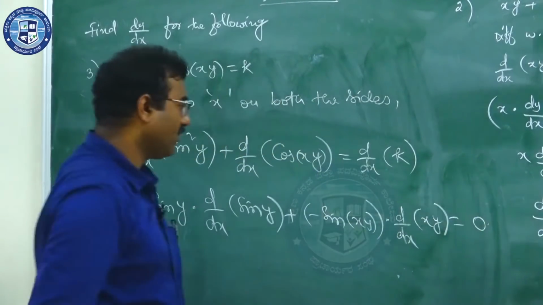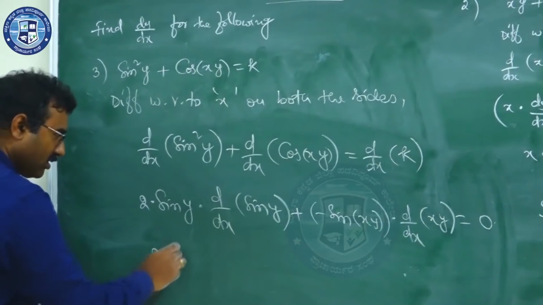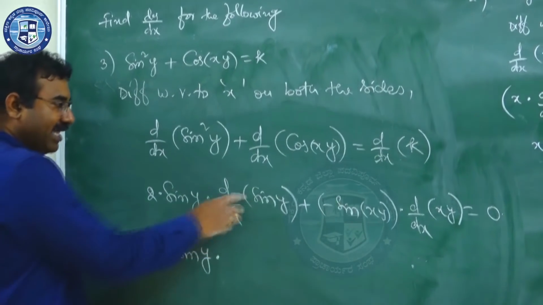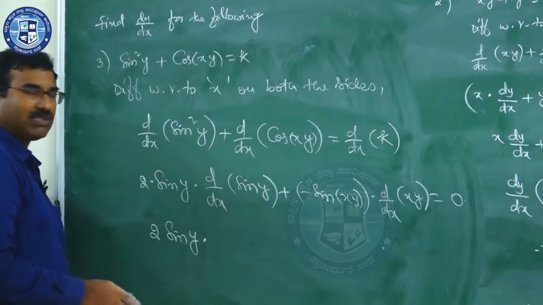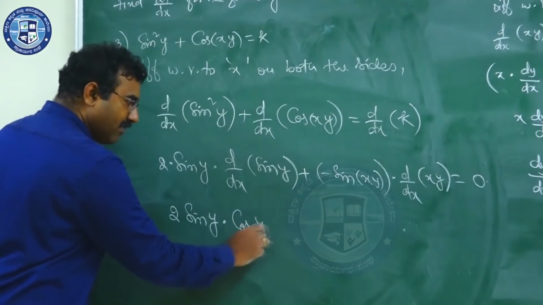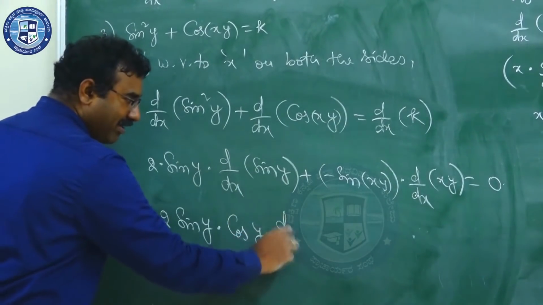It is 0. Now 2 sin y into, again d by dx of sin y. d by dx of sin x we have a formula. What is d by dx of sin x? cos x. But is it really x? No. Its derivative you have to consider.